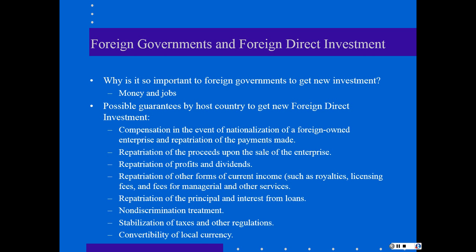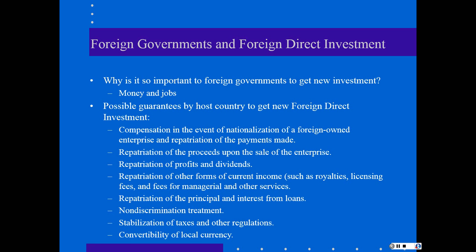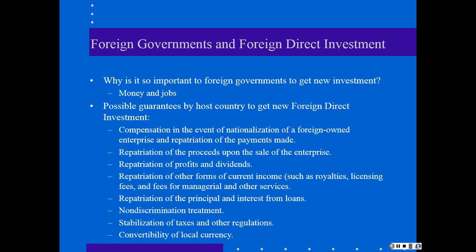There may be non-discrimination treatment. Now keep in mind that the foreign country in which you're opening business may not be a member of the World Trade Organization. If it's a member of the World Trade Organization, then it's going to be required to not discriminate against the foreign country in terms of imports. But what about internally?